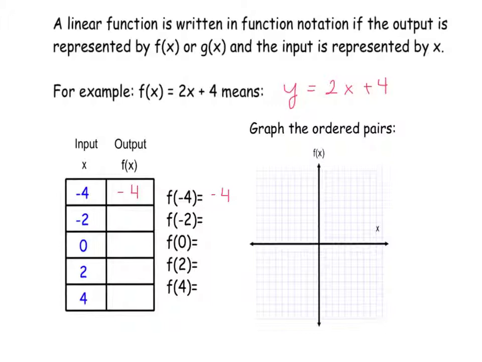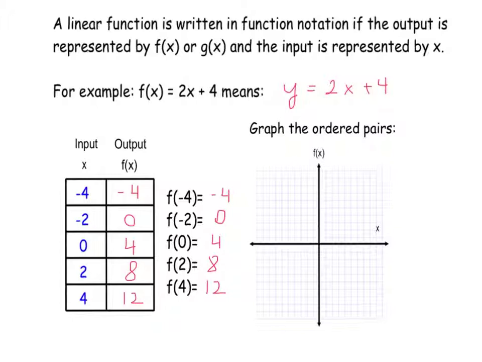My next function value, if I substitute in -2, will be 2 times -2 is -4 plus 4 is 0. The next function value, if I substitute in 0, I will get 2 times 0 is 0, so the output will be 4. If I substitute in 2, my output is 8, and if I substitute in 4, my output is 12. So I'm just going to also fill it in here. F of 2 is 8 and f of 4 is 12.